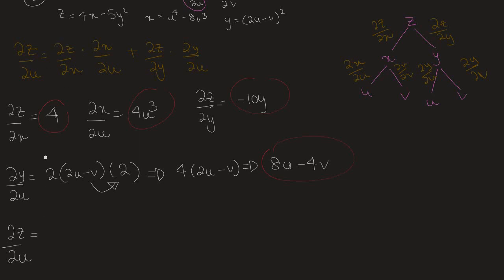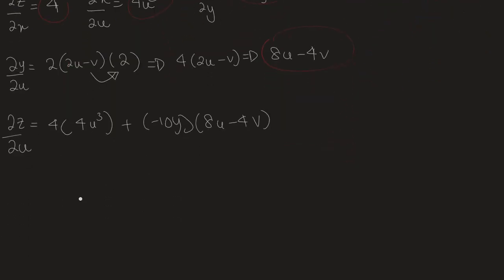Now we have this component, this is 4, and then this one, x with respect to u, we have this over here, just calculate it, and then plus z with respect to y, where is it? It's here, negative 10y, and then times y with respect to u. Y with respect to u, it's over here.